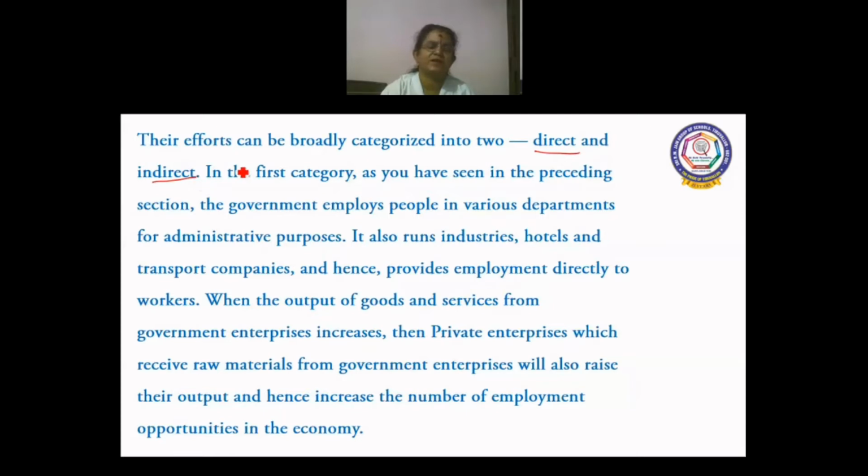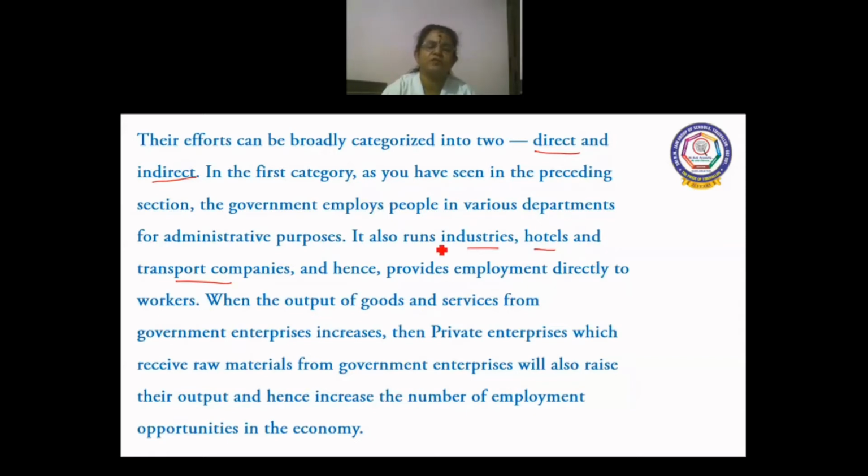Let us understand. In the first category, as we have seen in the preceding section, the government employs people in various departments for administrative purposes. It also runs industries, hotels, and transport companies, and hence provides employment directly to the workers.